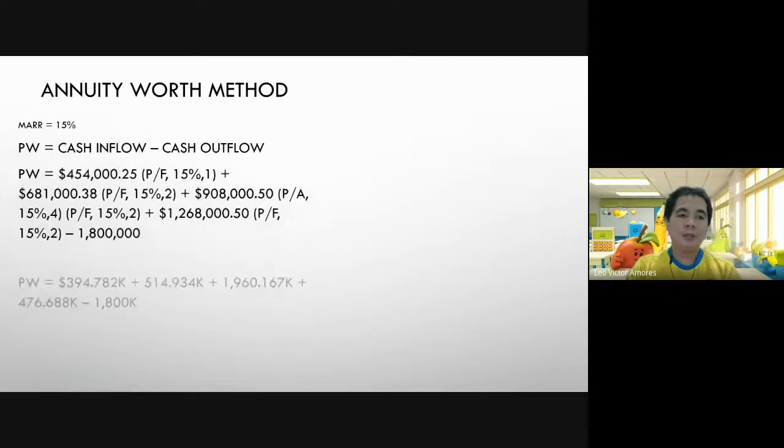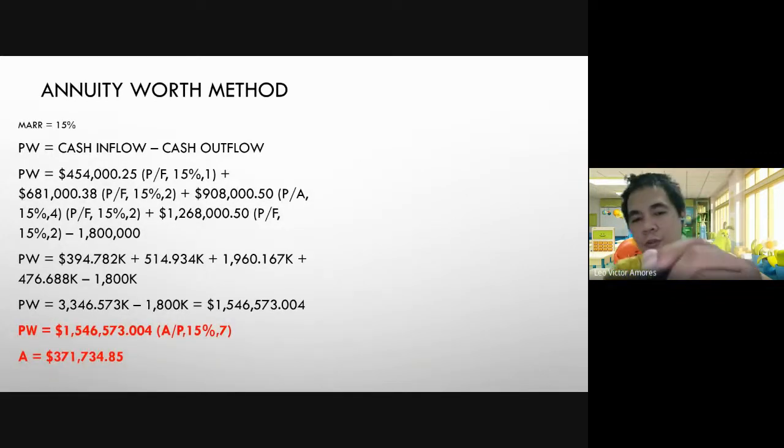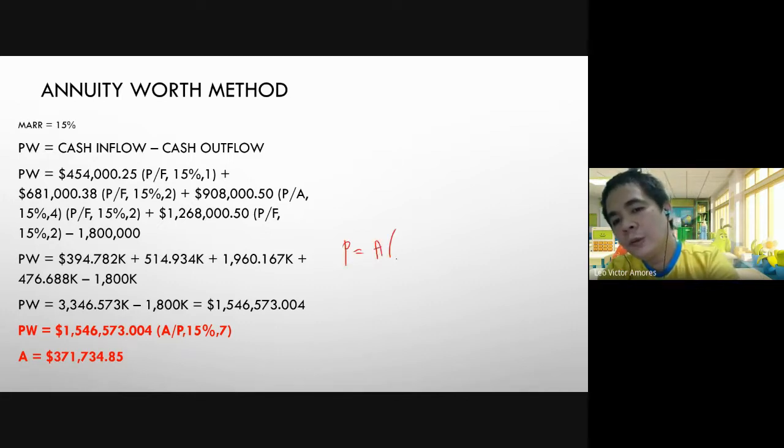Now I also solved it using the present worth method. So we already know the present worth: P is equal to A times 1 plus I to the exponent of n minus 1 over I times 1 plus I to the exponent of n.